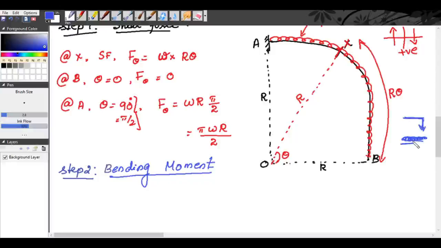So how will we obtain this for this case? Here we will consider a small stripe of a section in the beam. Let us take a stripe.